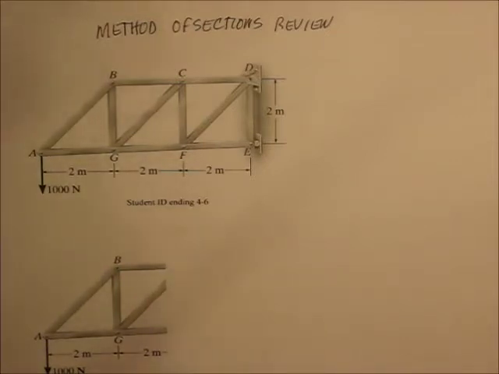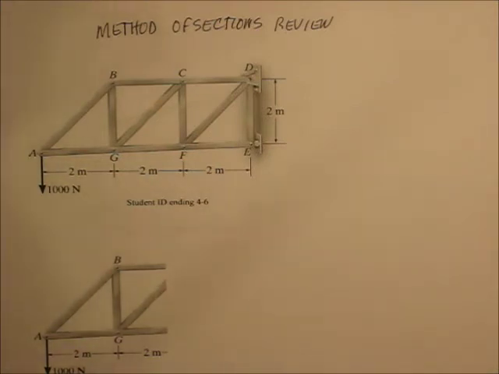So, at any rate, the method of sections began in the truss section, or at least it was first mentioned there. So, let's say that we have this truss. This is one of our homework ones here, and let's say we wanted to find out the force inside one of the members.